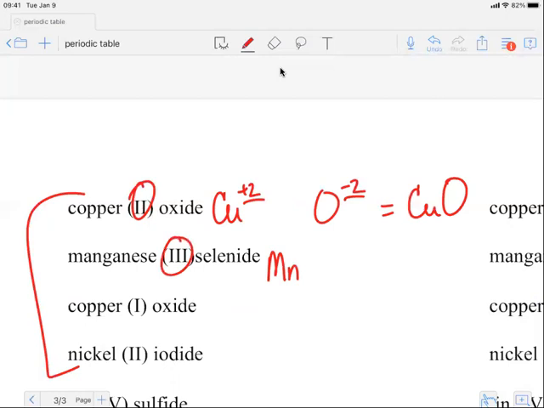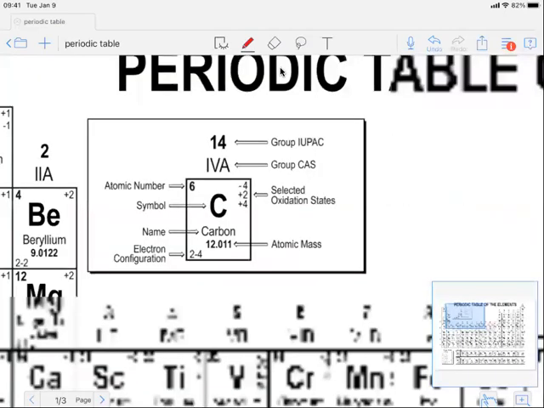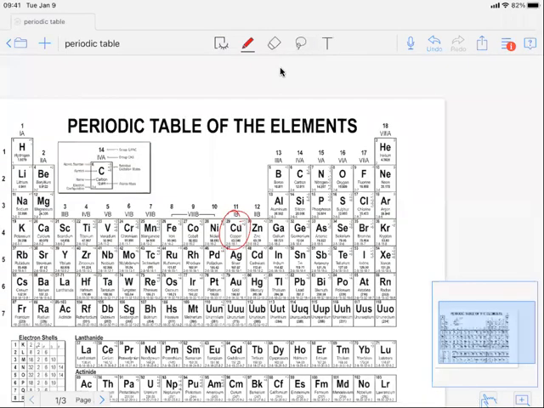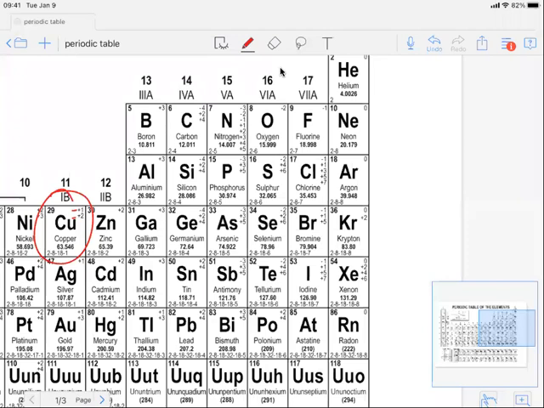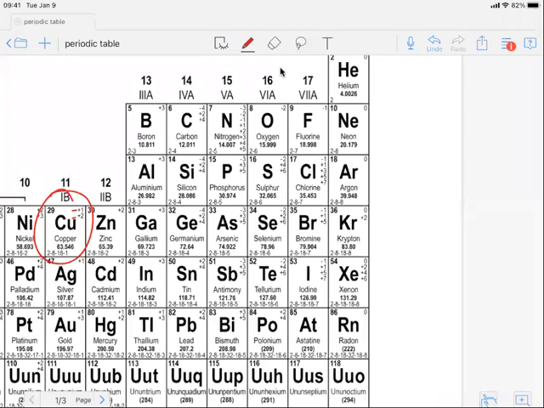Okay, next one, manganese, which we just had, which was Mn. This 3 tells us that manganese is +3. Now I have to go find selenide. That's going to be a non-metal, which means it's over here. Remember, it's going to be a different name because when it's an ion, it ends with -ide, but the first half of the name will be the same. It's in group 16.